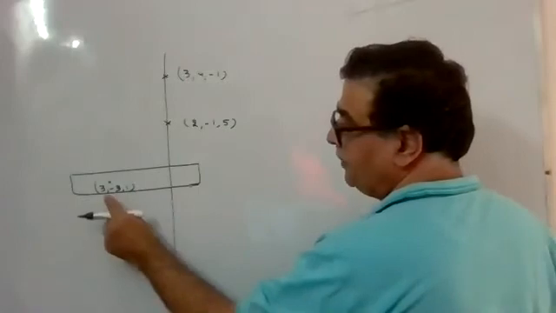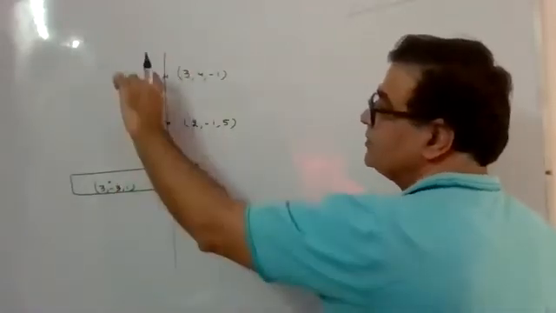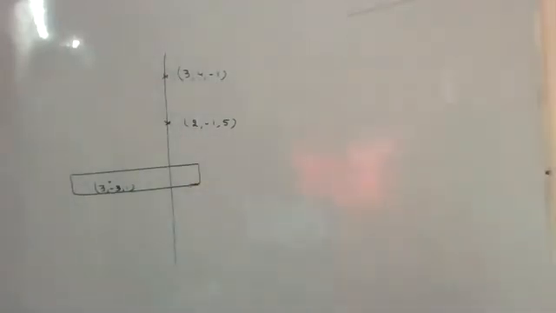Find the equation of the plane passing through this point and normal to this line which is joined by these 2 points.